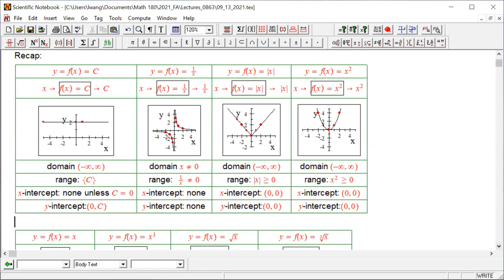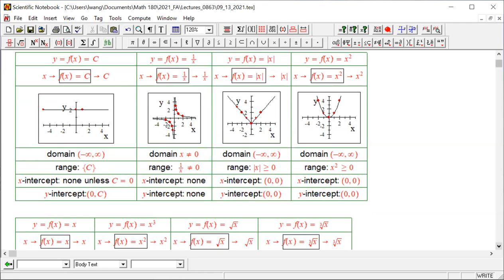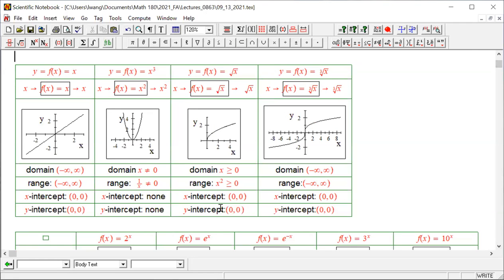The next question is, what are we going to do with it? Today, we're going to talk about how if a function is one-to-one, then it has an inverse. If it has an inverse, we're going to find that inverse. And what does inverse mean?